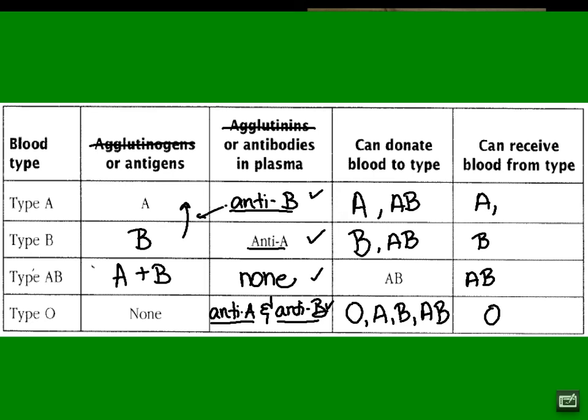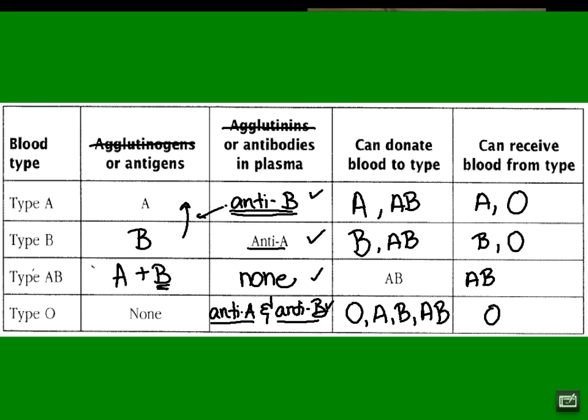Same thing with type AB. These anti-B antibodies will attack the B antigen on the type B blood or type AB blood, so I can't receive from AB. But type O will not get attacked, so it can be received by a person with type A. Same parallel situation, okay?